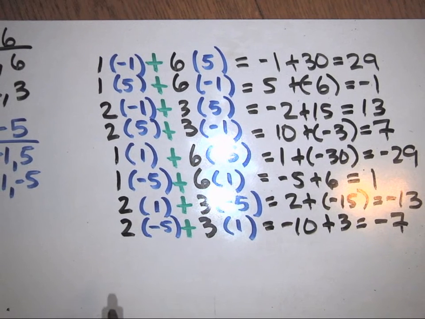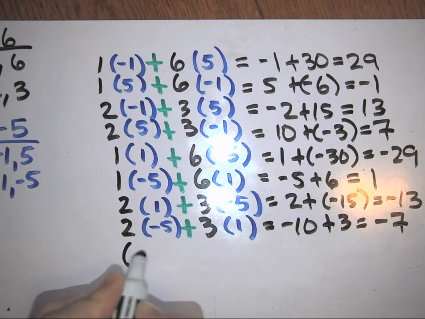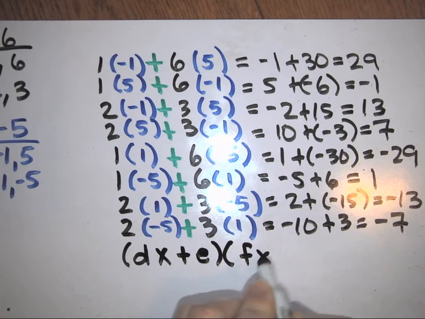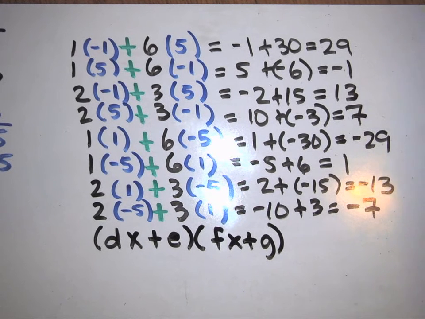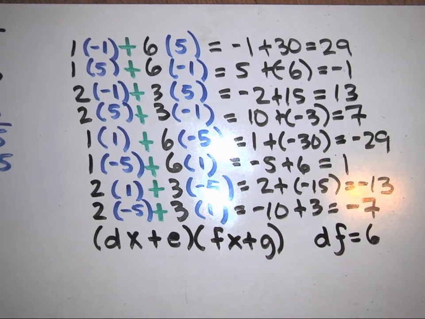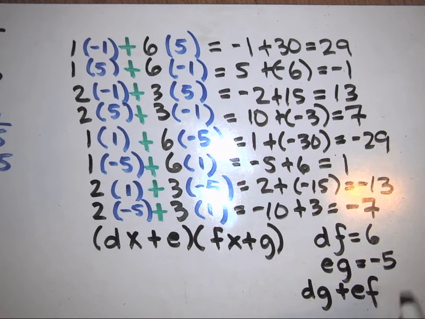So if we go back to our form, we're going to have (dx + e)(fx + g). If you remember back in your notes, I'll bring that paper over, we have that d times f had to be 6, e times g had to be -5, and d times g plus e times f gave us our -7.